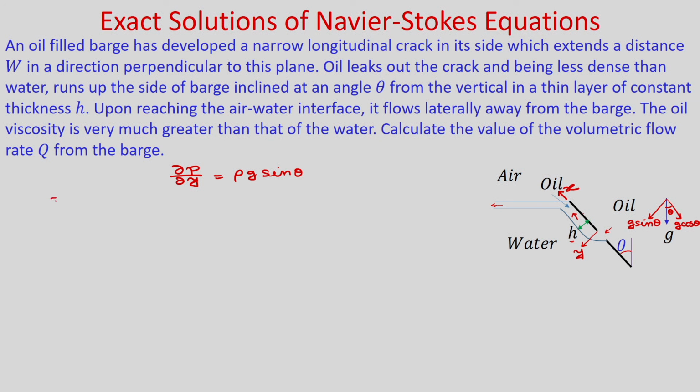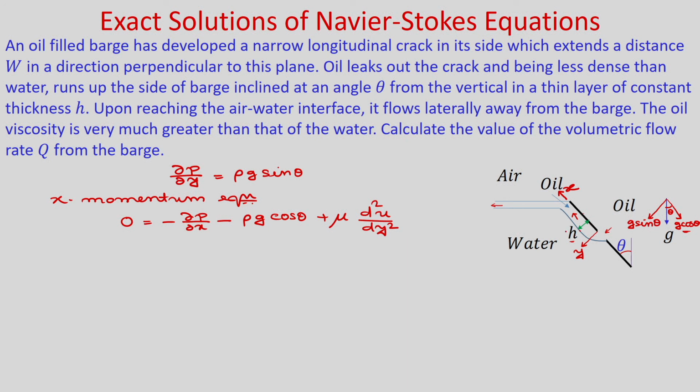From the x momentum equation, you will get the left hand side as 0, and in the right hand side you will get minus del p by del x minus rho g cos theta, because in the negative x direction rho g cos theta is acting, plus the viscous term mu d 2 u by dy square. Okay. Now, if you consider y is equal to h, okay, at the interface.